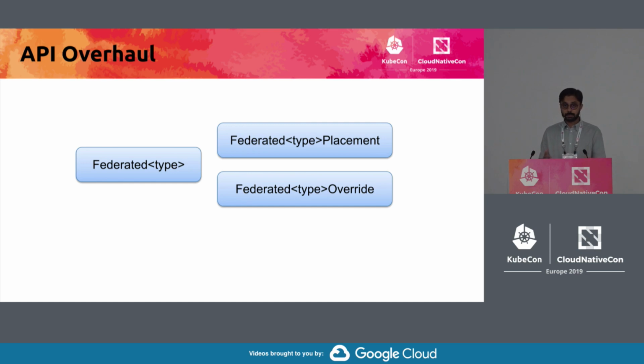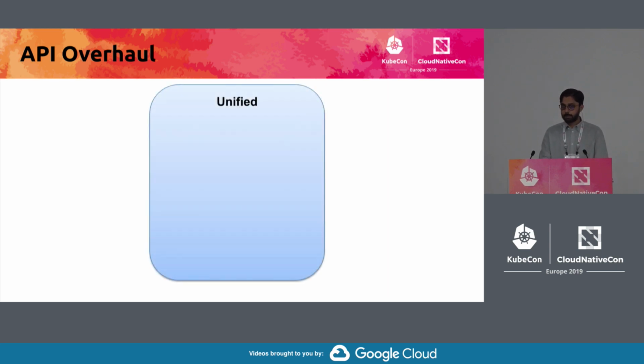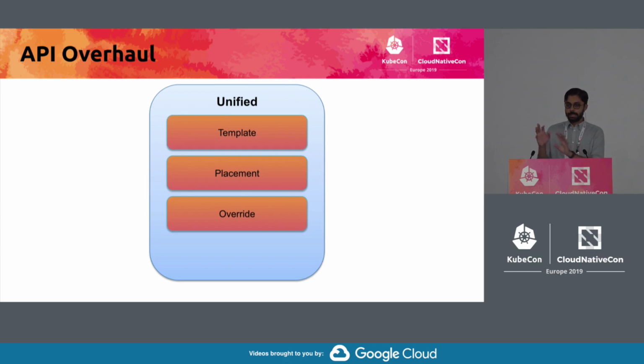But similar functionality is available using different mechanisms. So we have gone ahead and made them a single, unified API. Inside the unified API, nothing else changes, but the same tenets are placed within the single resource.